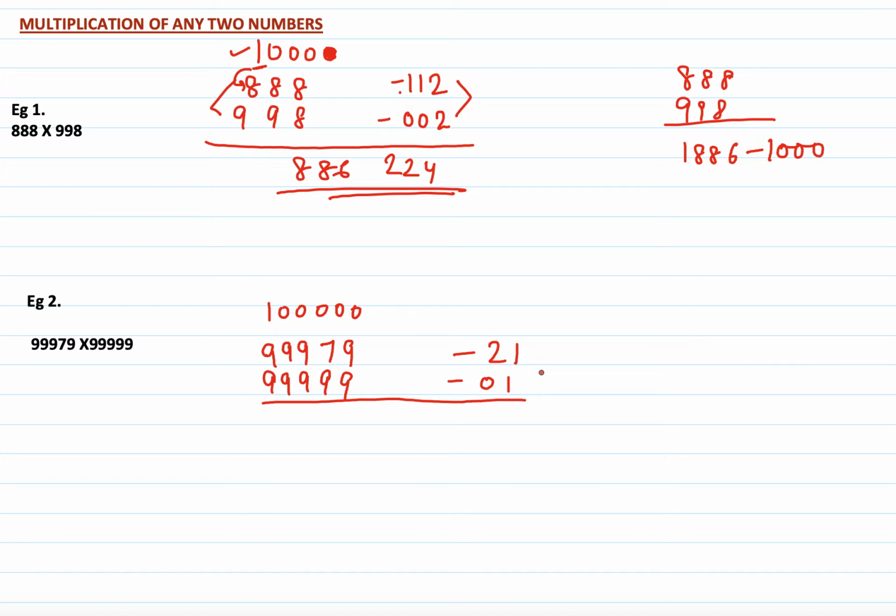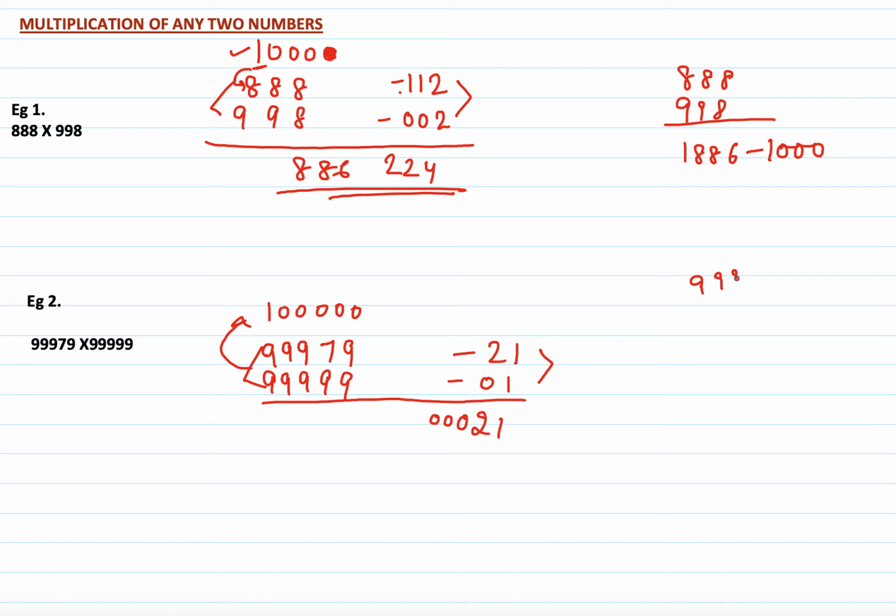Yes. Now multiply these two. 21 into 1 is 21. But this is a 5-digit base, so we will make it 5 digits like this. Okay. Now again, add these two and subtract the base.